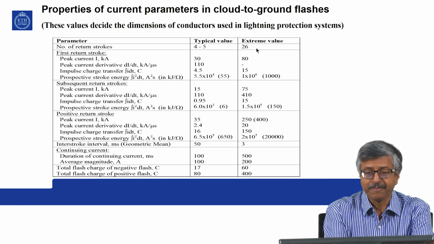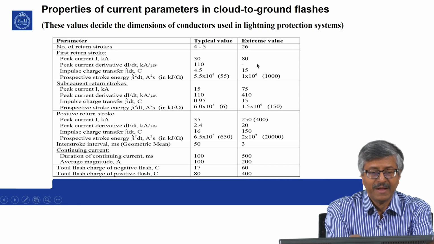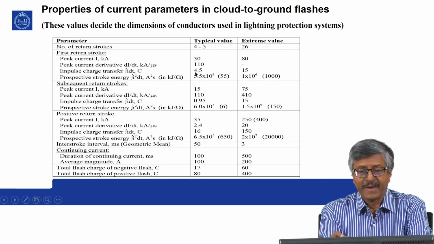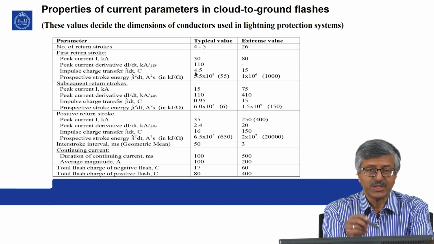Peak current in negative cloud to ground lightning, then peak current derivatives, impulse charge transfer, that is during the return stroke how much charge.